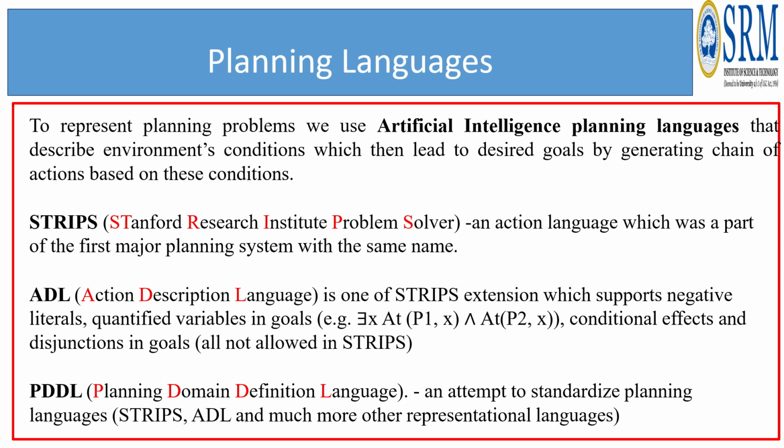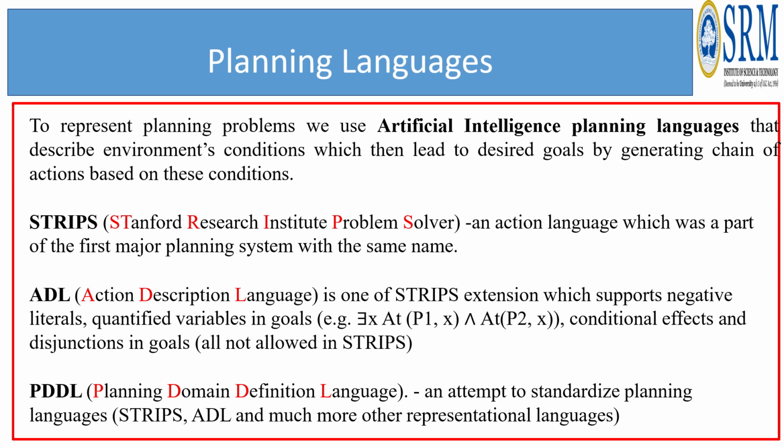First is STRIPS. The expansion for STRIPS is Stanford Research Institute Problem Solver, an action language which is part of the major planning system of the same name. Good examples for STRIPS are the Blocks World problem and MEA, Means-End Analysis.